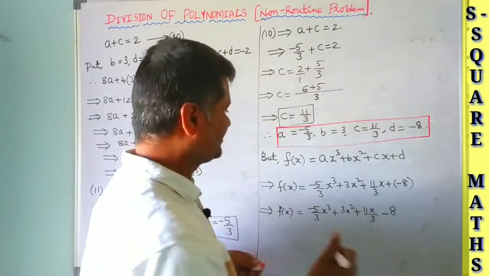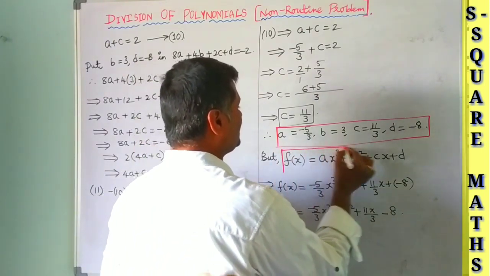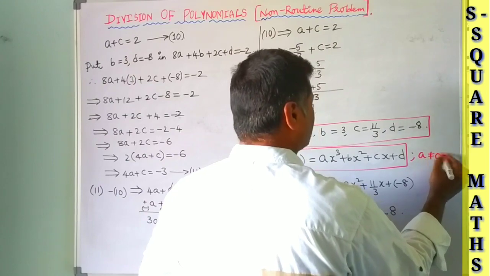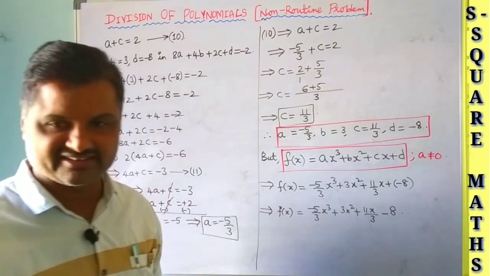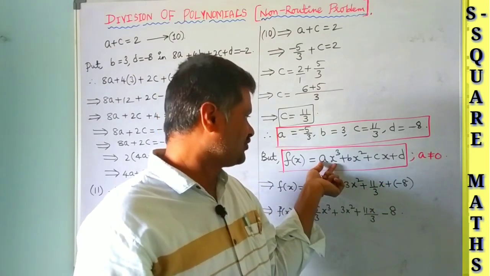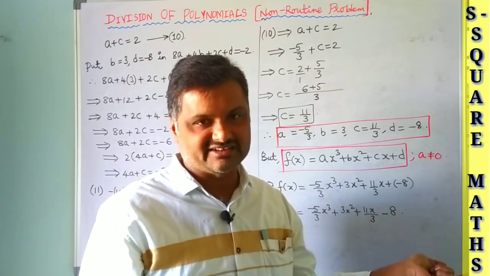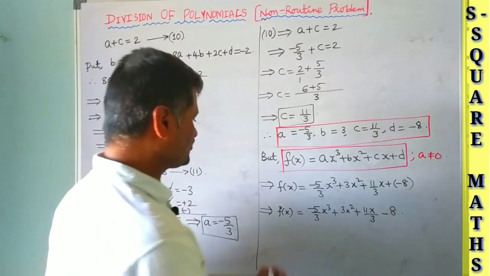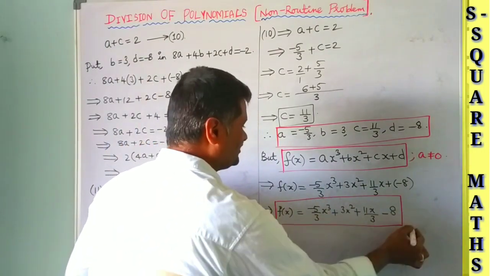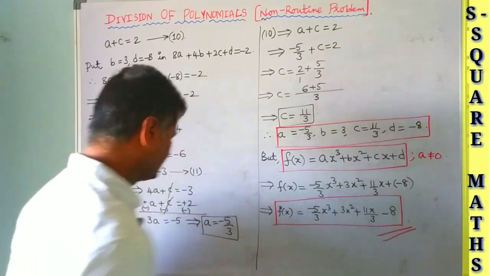Our standard or general form of the cubic polynomial f of x is ax cube plus bx square plus cx plus d, where the leading coefficient a is not equal to 0. After getting the values of a, b, c, d, substitute in the standard form of our cubic polynomial.